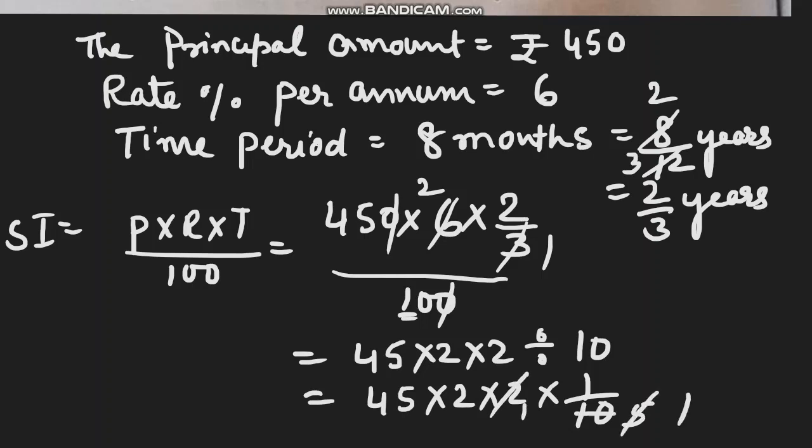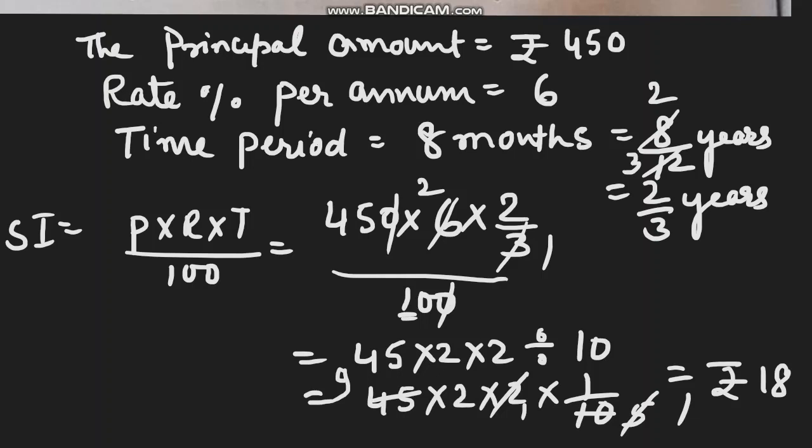Again 5 1s are 5 and 5 9s are 45. अब क्या बच गया 9 into 2. So how much will be your answer? Rupees 18. So what is the simple interest that is to be paid by Hari to his friend? It is rupees 18. So simple interest is rupees 18.